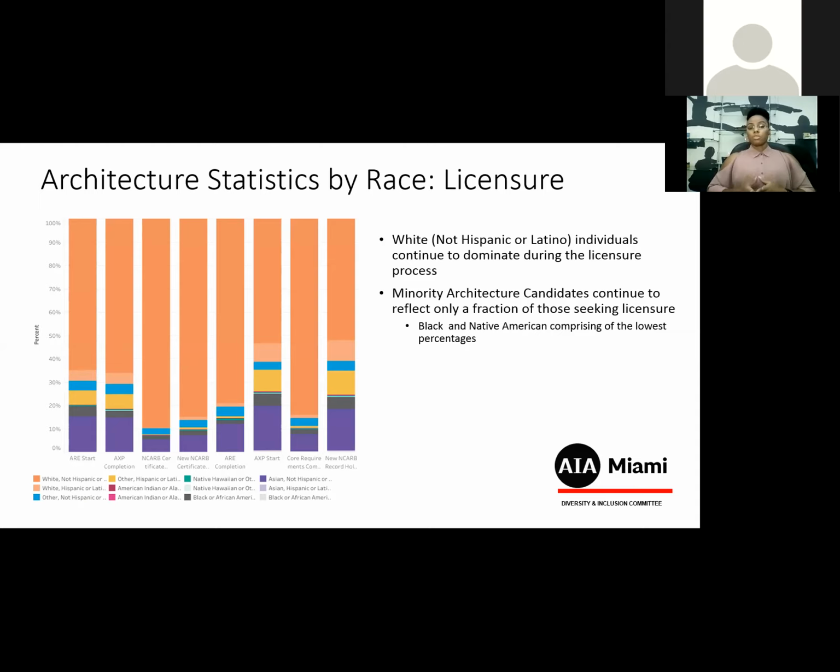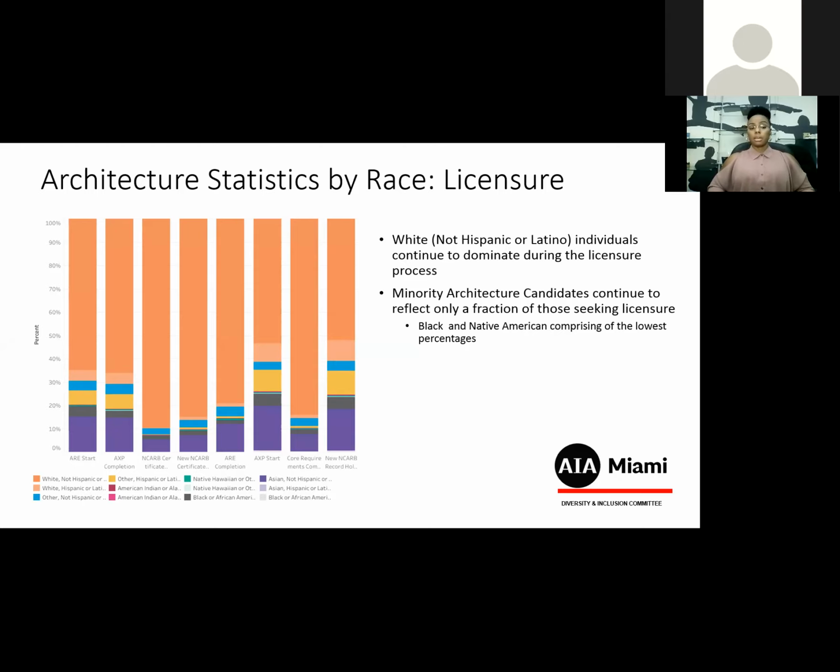Now, this graph comes from NCARB, and if you are a licensed architect, you are very, very, very familiar with NCARB. NCARB is the National Council of Architectural Registration Boards, and that's how you become a licensed architect. Now, your path to licensure is completely through NCARB, and NCARB has documented the different demographics within architecture. And if you notice in this picture, there is a lot of orange.